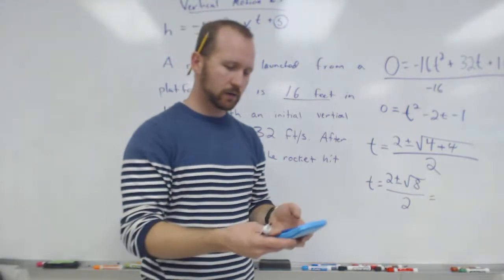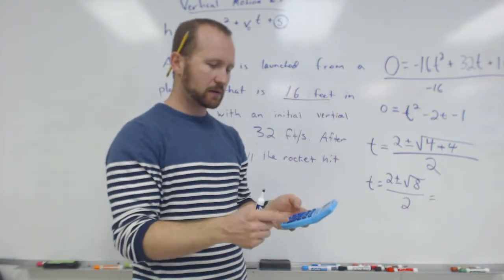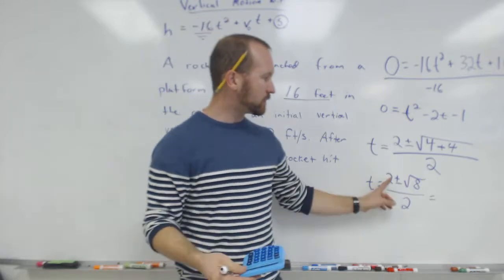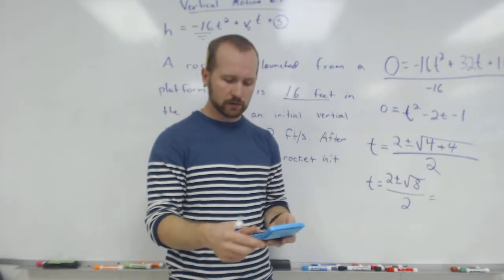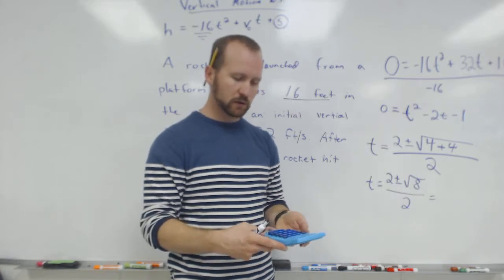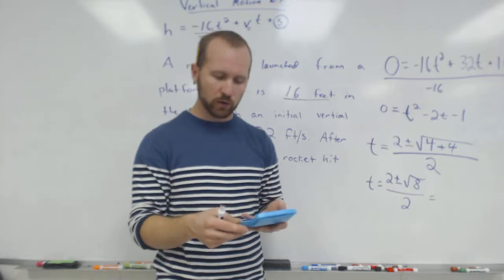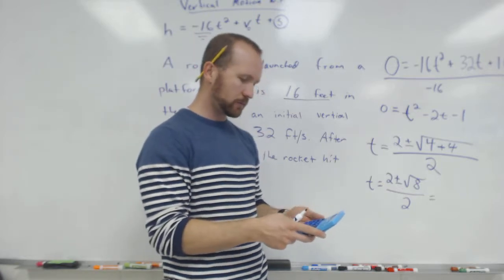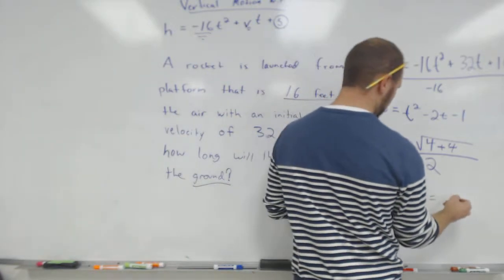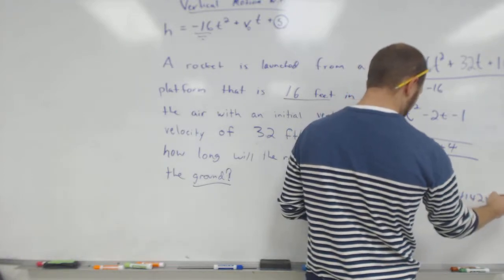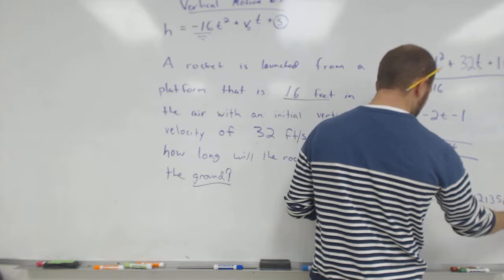So first of all, I have 2 plus the square root of 8. The square root of 8 plus 2 equals 4.82842712, divided by 2. So one of my answers is 2.414213562.